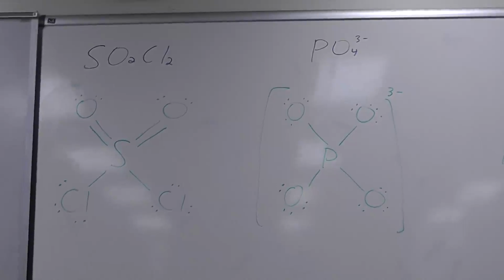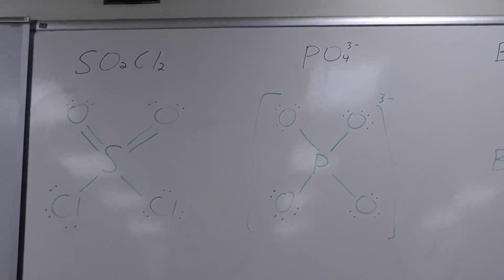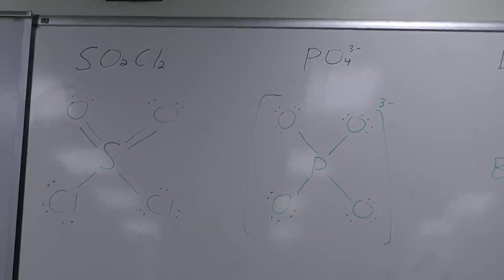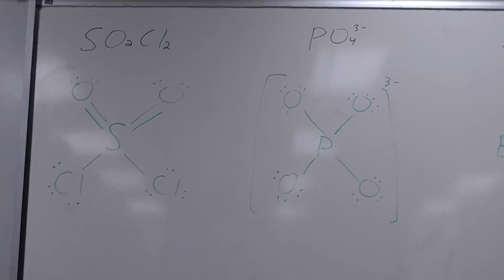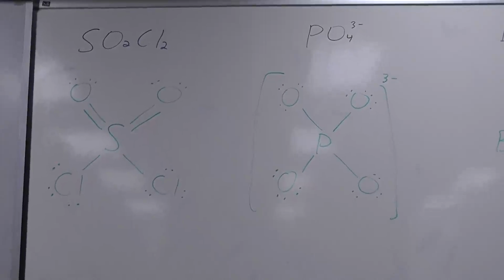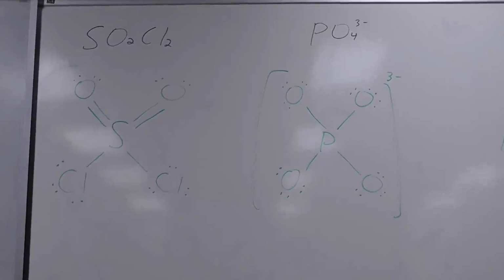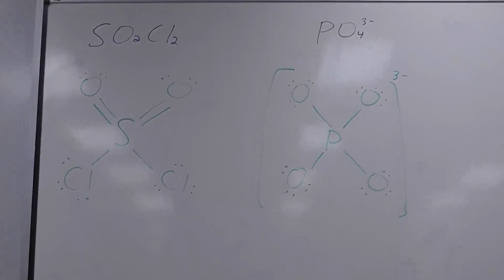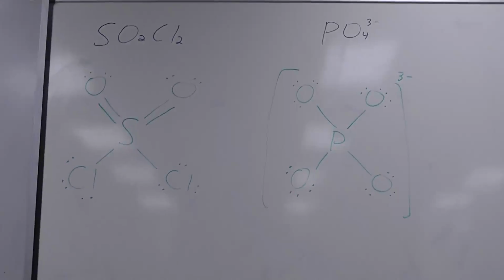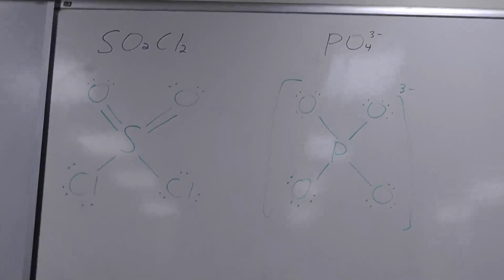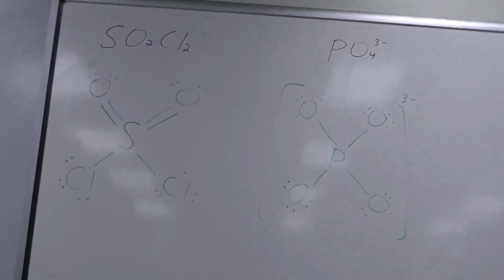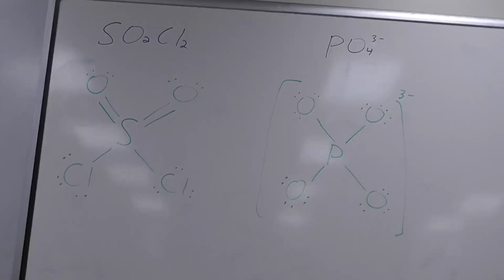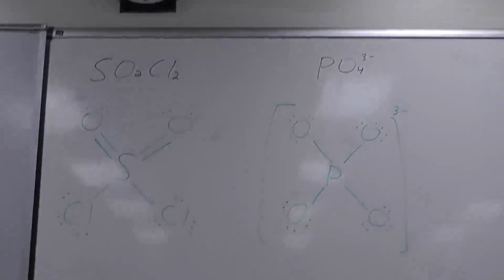How many valence electrons does sulfur want? 8. How many bonds does sulfur want? 2. But it doesn't have that in this case. It's forced to go all the way to 12, primarily because of these oxygens. Oxygens are high electronegativity, they drive the process. The oxygen will get the bonds that it wants, and that forces sulfur to go beyond 8.